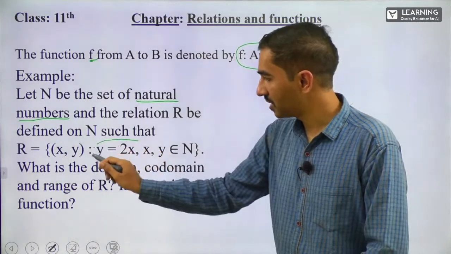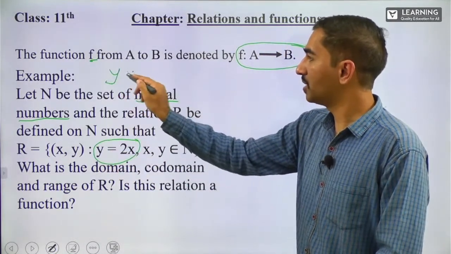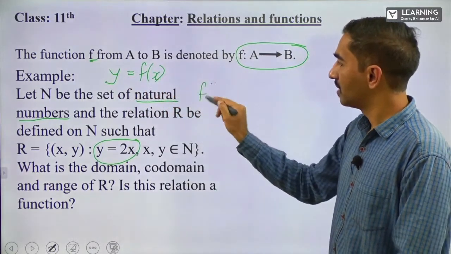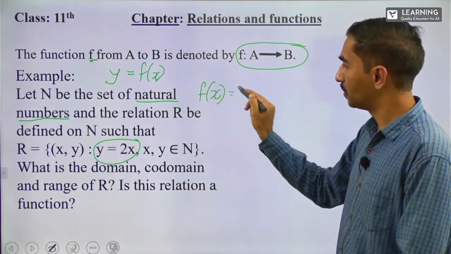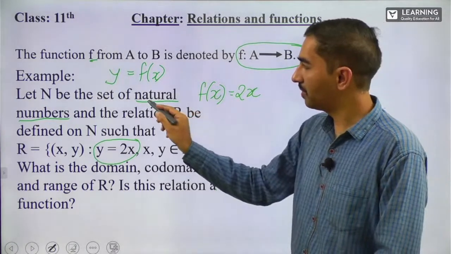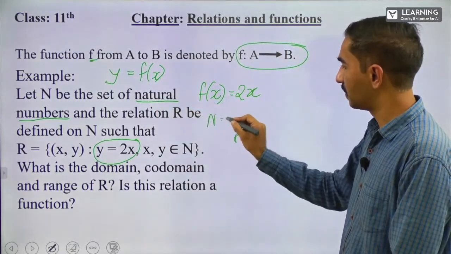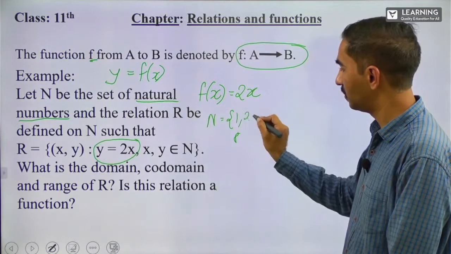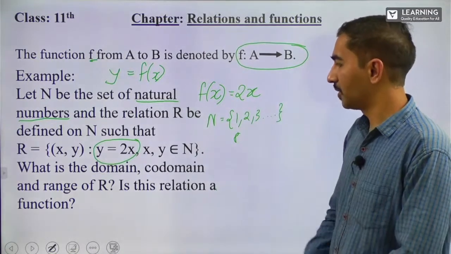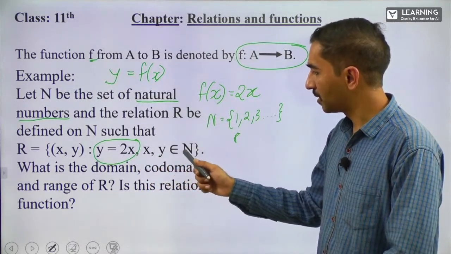See the function here. y is also equal to what, students? Remember, y is also equal to f of x. So now what is f of x? f of x is nothing but equal to 2x. And what is x, students? x is nothing but the set of natural numbers. So natural numbers we'll write here. N equals {1, 2, 3, and so on}. Close the set. Okay, so y is equal to 2x such that (x, y) belong to the set of natural numbers.